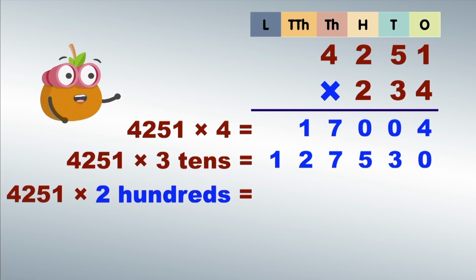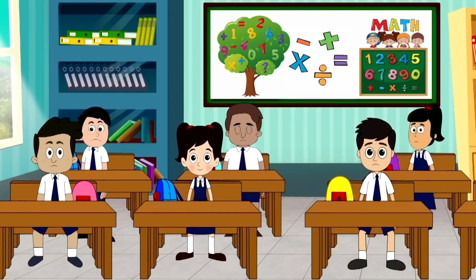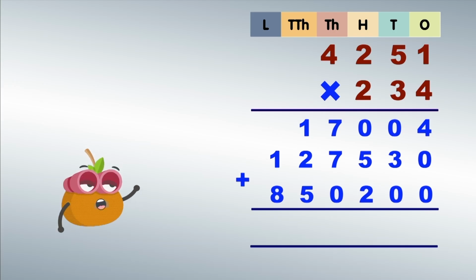Step 3. Multiply 4251 by 200. Now, put 2 zeros before multiplication with the hundreds digit of the multiplier. So, 4251 multiplied by 200 equals 8,50,200. Step 4.